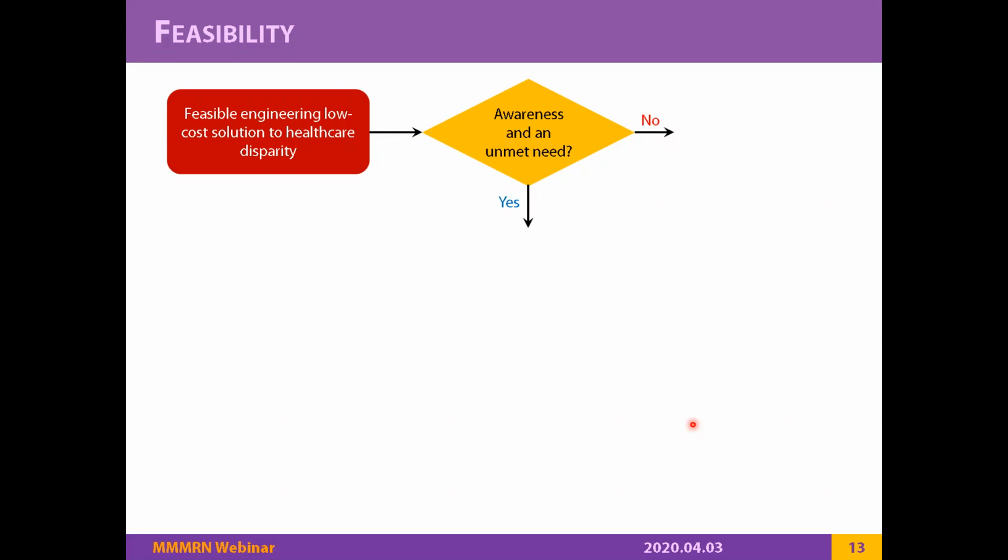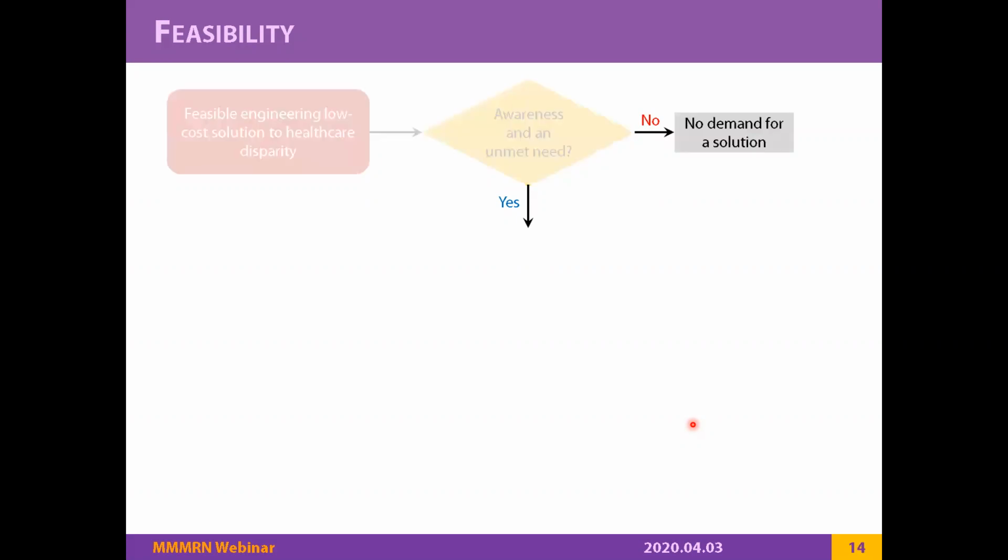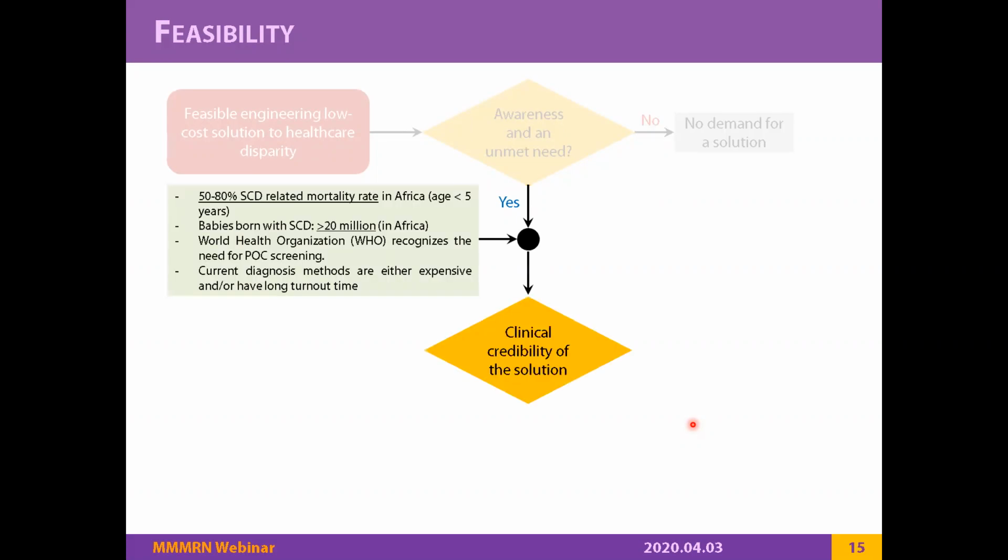If people don't believe that, then there is no point in working on a solution. First, we have to create the awareness. But if we have awareness, the next question is, if we can come up with a solution, is it clinically acceptable or credible? Because we engineers think like engineers, and doctors and clinicians have their concerns. So there has to be a synergy.